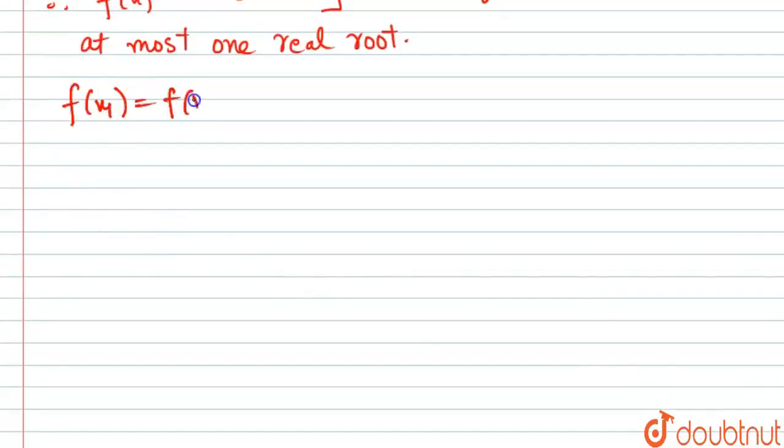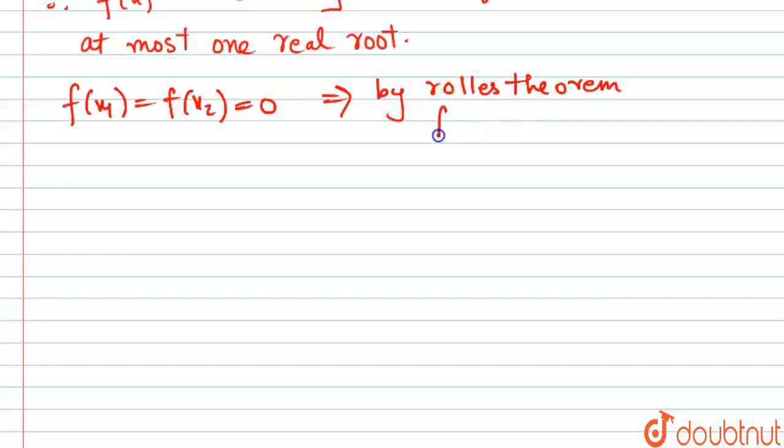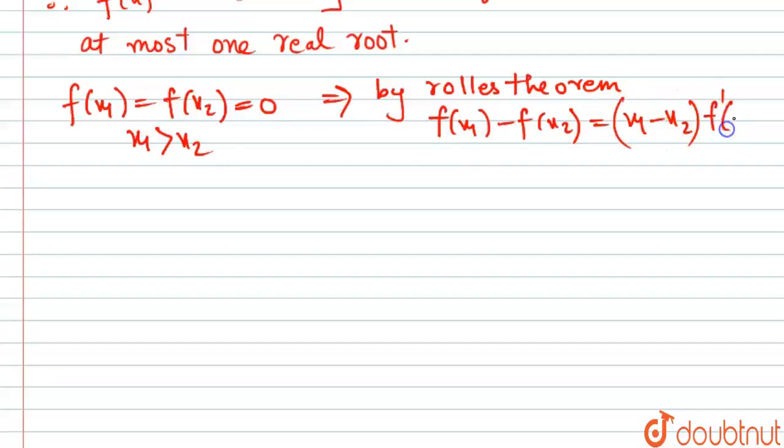that is x1 and x2 are roots of f, then this would imply, by the mean value theorem, suppose here that x1 is greater than x2, f(x1) - f(x2) would be equal to (x1 - x2) times f'(c) for some c.